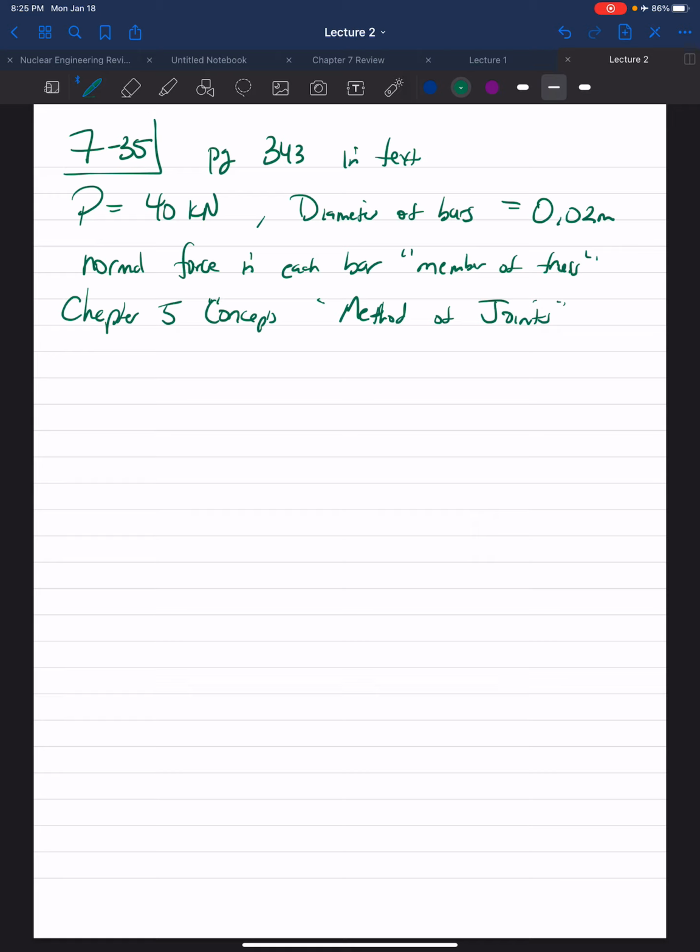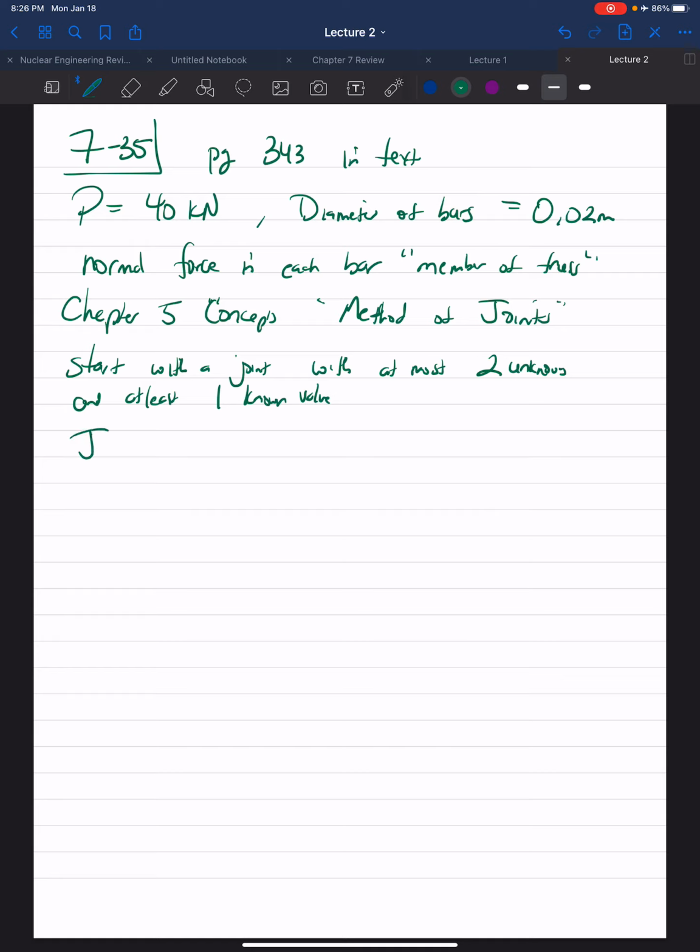And remember, we always start with a joint with at most 2 unknowns and at least 1 known value.